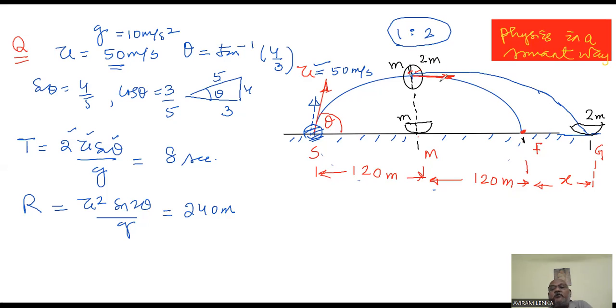As a result, the center of mass won't be changing its original motion plan. The original motion plan of the center of mass was to follow the path of the projectile and to strike the ground here at the point F. The smaller piece falls dead, the larger piece takes a path like this, but the center of mass will follow the path which we are showing in red.